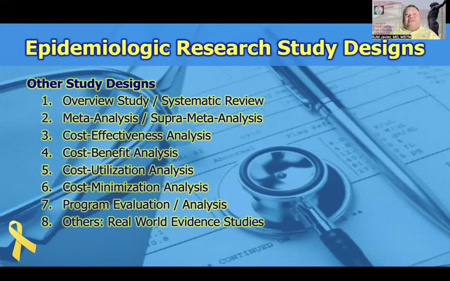If you venture into a postgraduate course, let's say you do your MBA for health, or Master of Science in Public Health, or if you pursue Masters in Health Administration, you might encounter other research designs such as cost effectiveness, cost benefit, cost utilization, cost minimization analysis. If you're into health policy development, you might want to be aware of program evaluation or analysis.